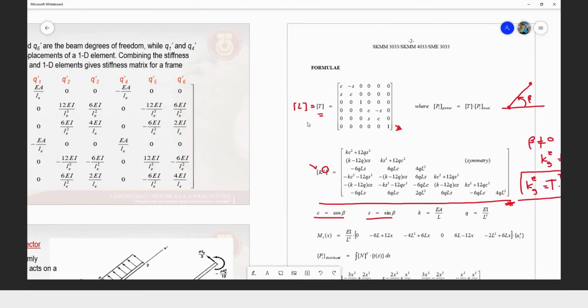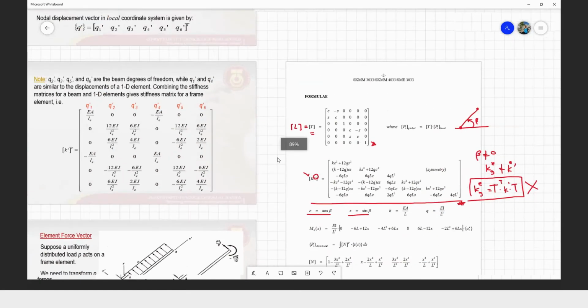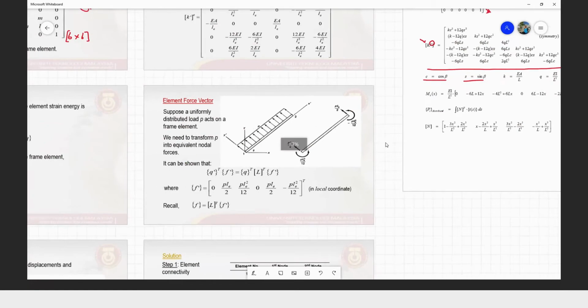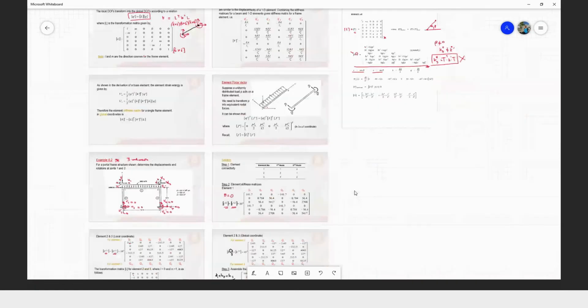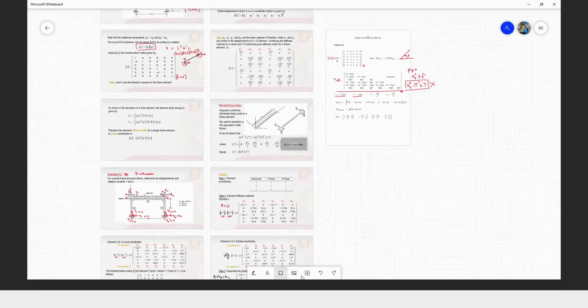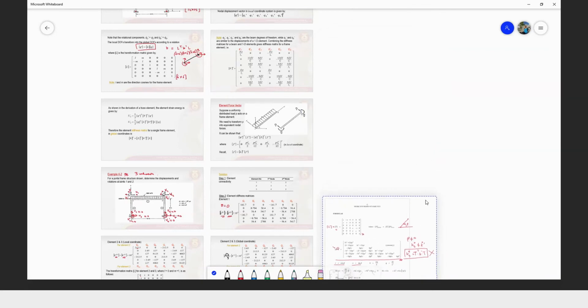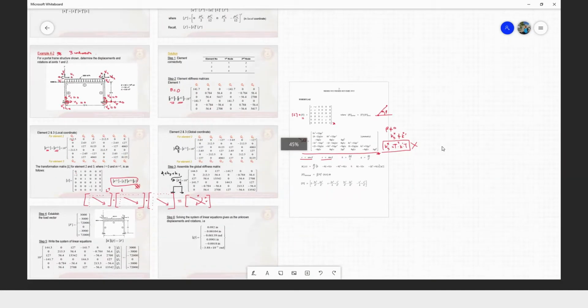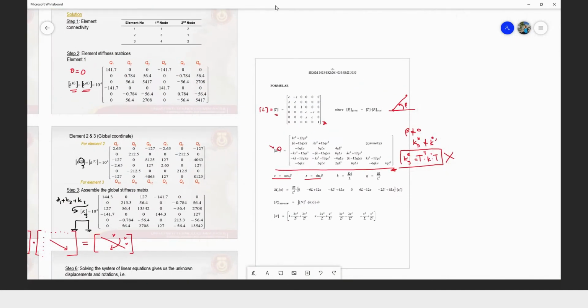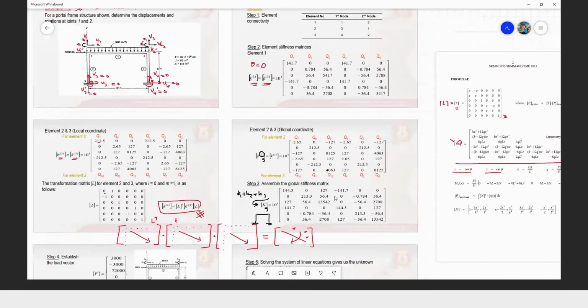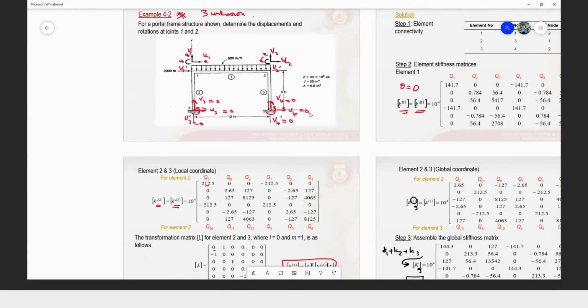For example, we take the element number we are working with. Later I will adjust this a bit so that it is in the same position. Alright, now let's take element number 2. Okay, where is our element number 2?